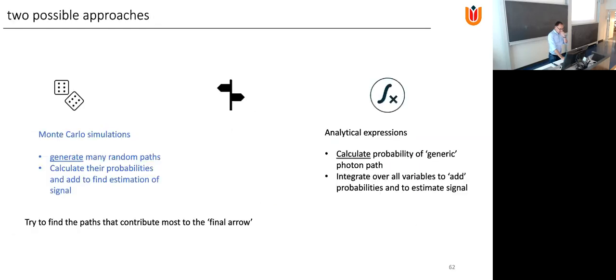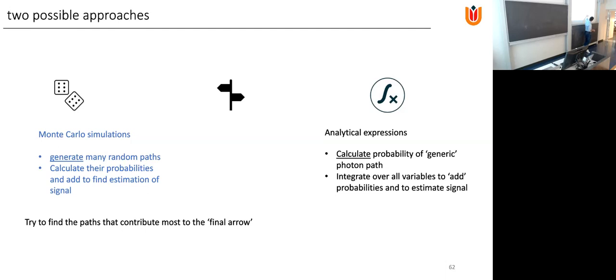So with this in mind, I can take 2 possible approaches. I can go here to the right-hand side. I can try to find analytical expressions. Try to calculate the probability of, let's call it, a generic photon path, so a photon path with a number of step sizes and a number of scattering events. And I would integrate, because I would have to add all possibilities.